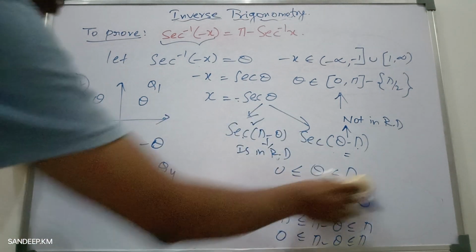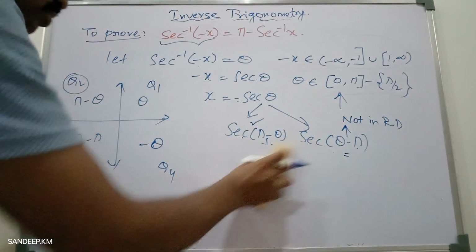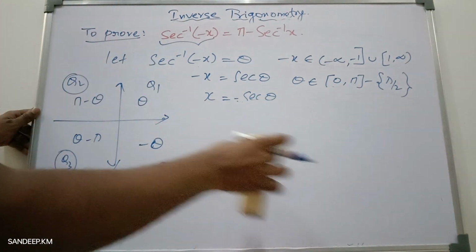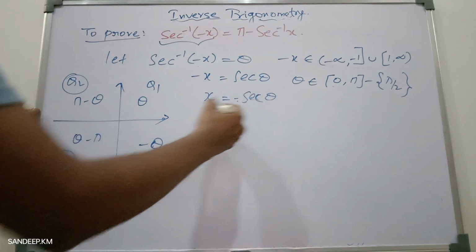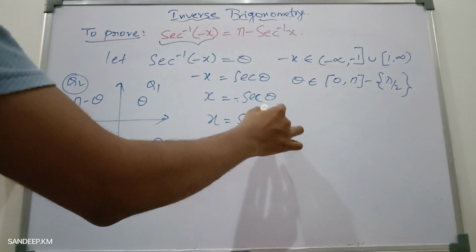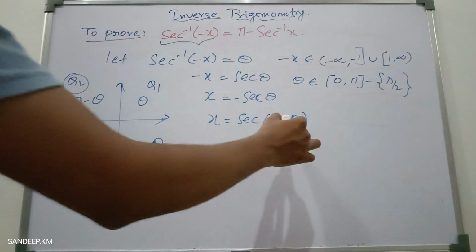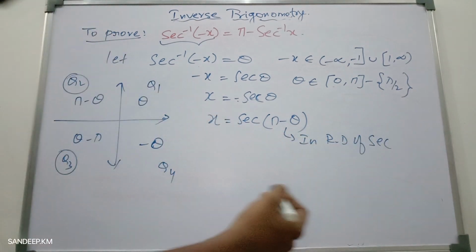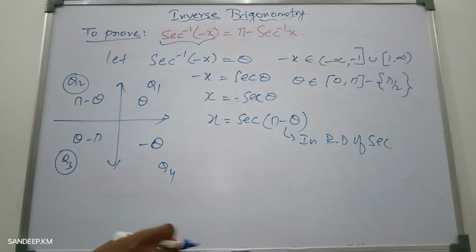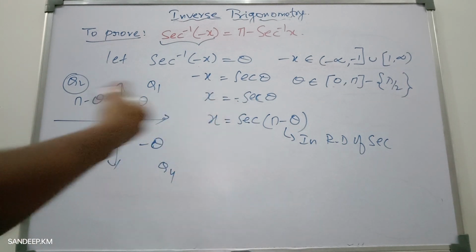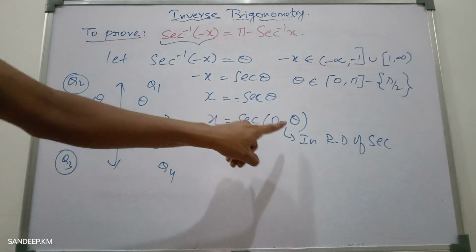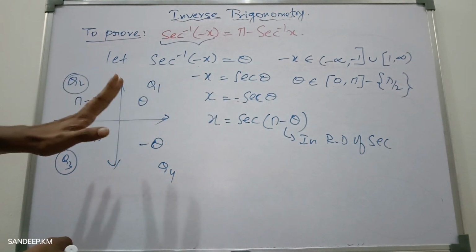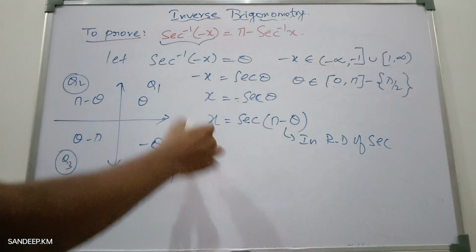So the final conclusion is, I am taking minus sec theta as secant of pi minus theta. Now pi minus theta is in the restricted domain of the secant function, so secant is ready to fly to the left side. If this were not in the restricted domain, secant could not fly to the left side. Got it?